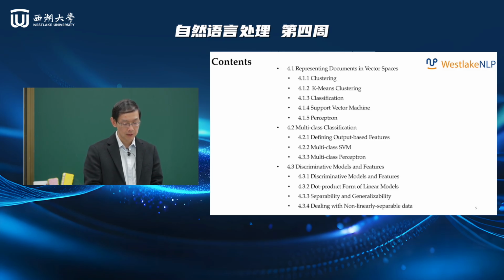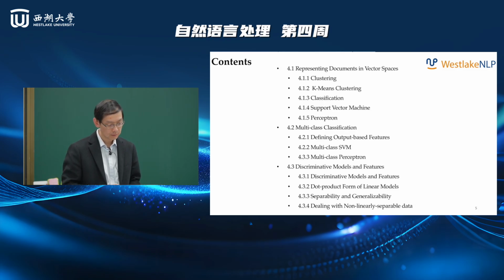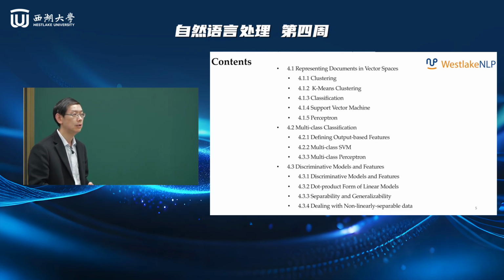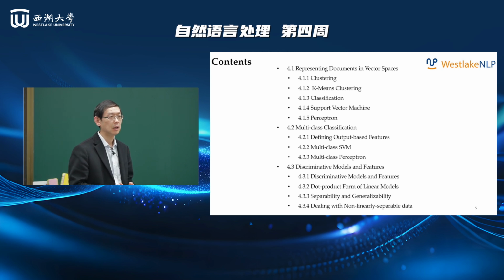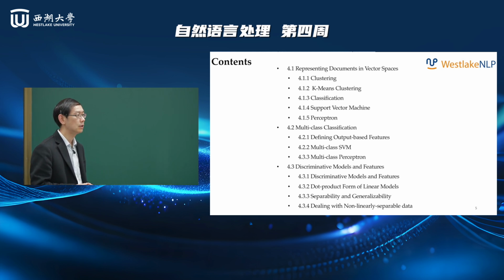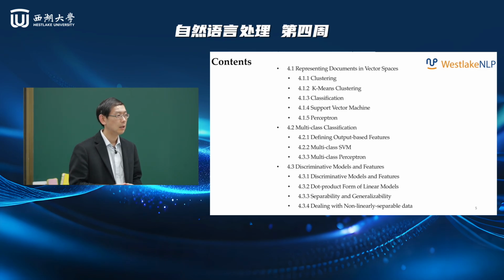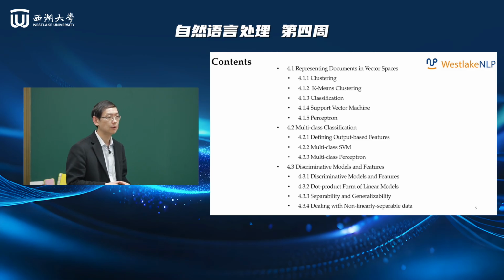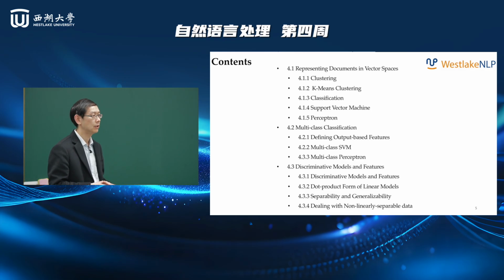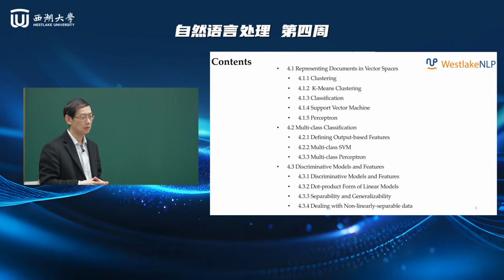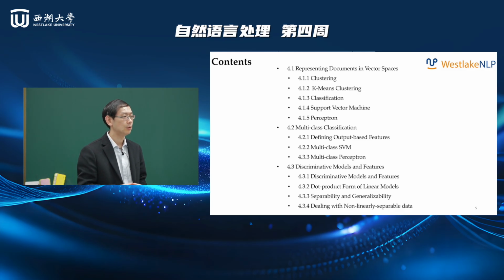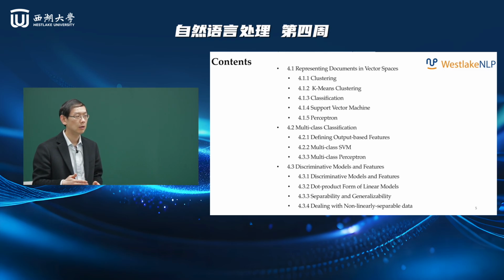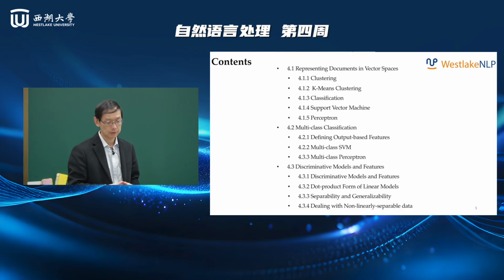So this is the outline. We will first look at representation and clustering and classification using the representations. These are binary classifiers. And then we'll move on to multi-class classification. I don't know if you learned how to use SVM and perceptrons to do multi-class classification, but they are naturally binary classifiers.